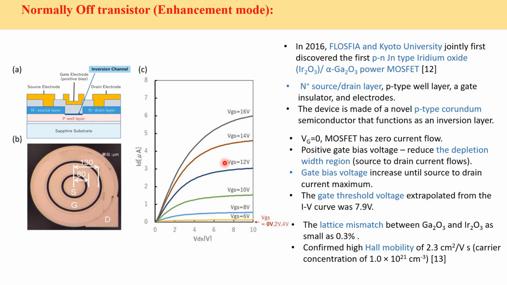So this is the VI characteristics, and we find the Hall mobility is 2.3 centimeter square per volt second, and the carrier concentration is 1.0 times 10 to the power 21. So this is also quite a good achievement over the alpha gallium oxide power device.